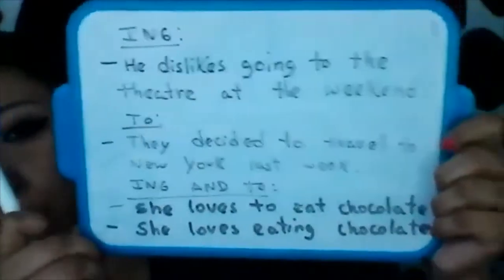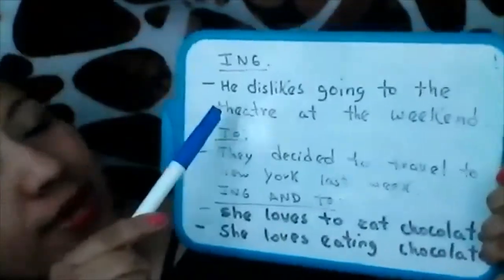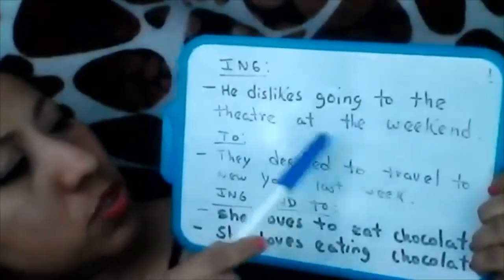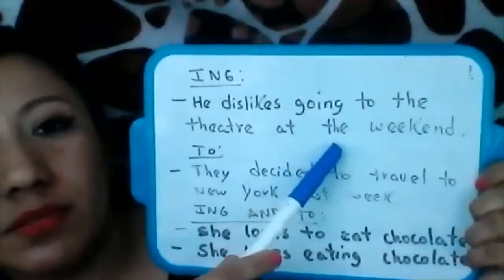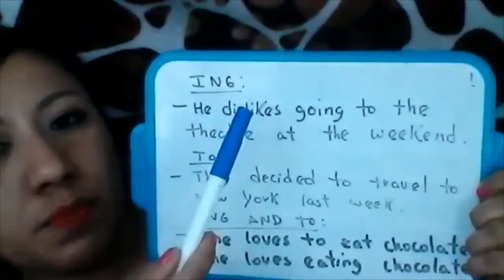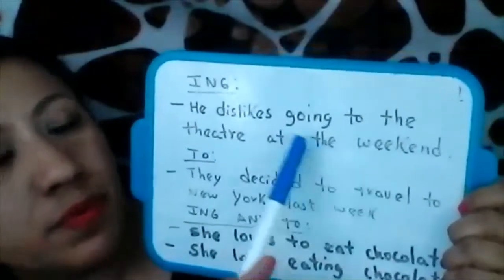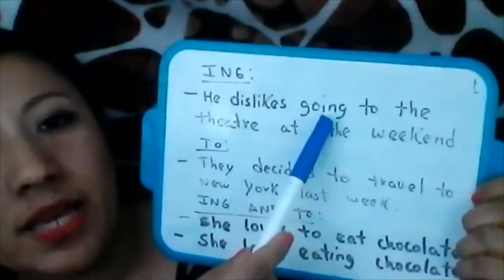If you can see in this part, we can say he dislikes going to the theater at the weekend. Okay, this verb dislike, it's possible to use plus another verb, and you have to add ing.